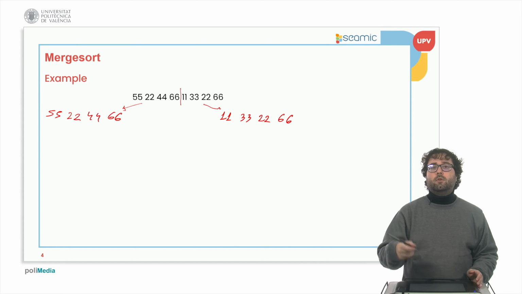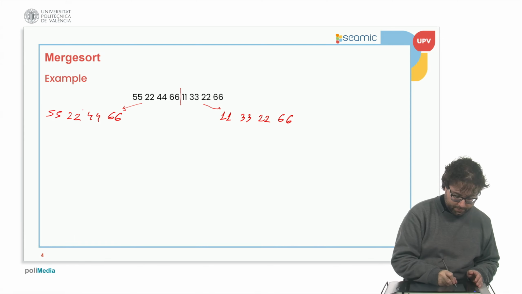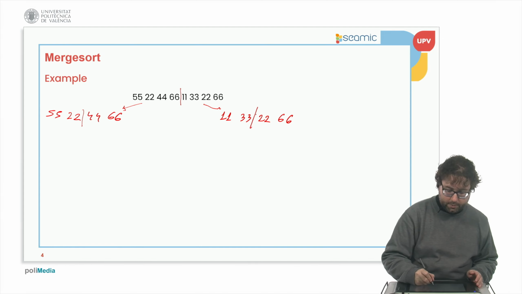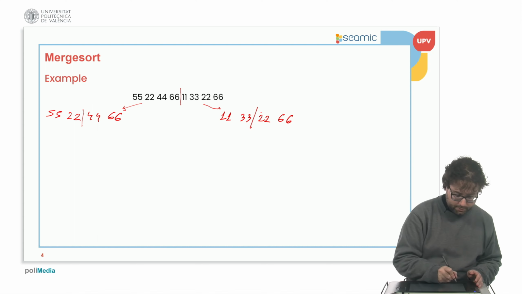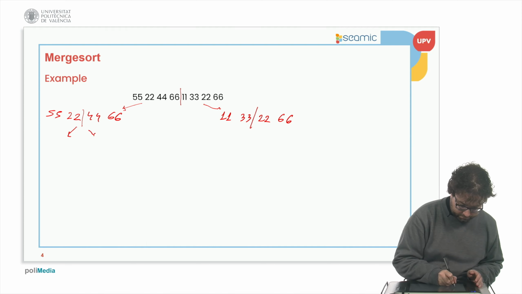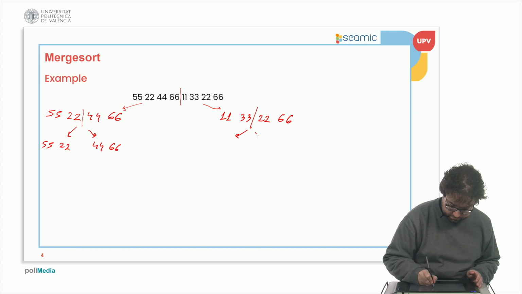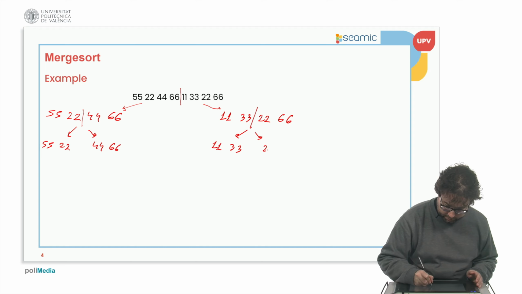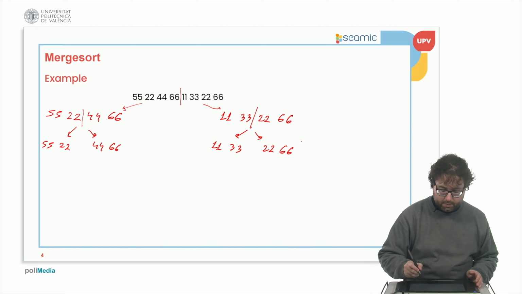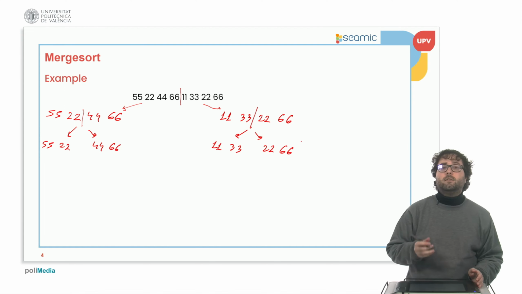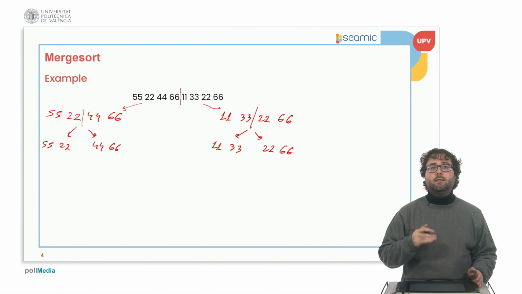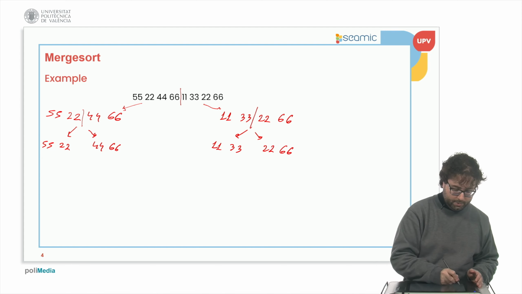And we would go to a new step. We split each subsequence into two new subsequences. That means 55, 22, 44, 66, 11, 33, 22, 66. This cannot be solved easily yet, so we go again.